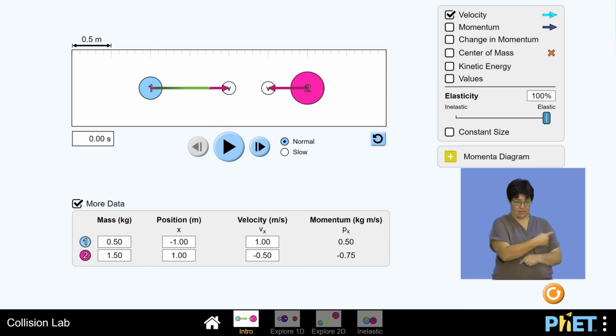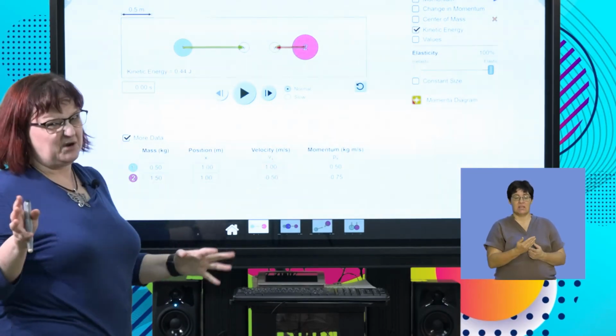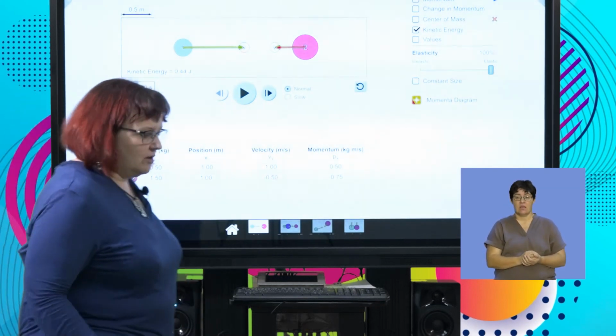And over here, can I show the kinetic energy? There we go. I don't even have to do the calculations. Look at this. My total kinetic energy, that's what's in the bottom right-hand corner. So if we had to work it out, which we're not going to do now, I have 0.44 joules.